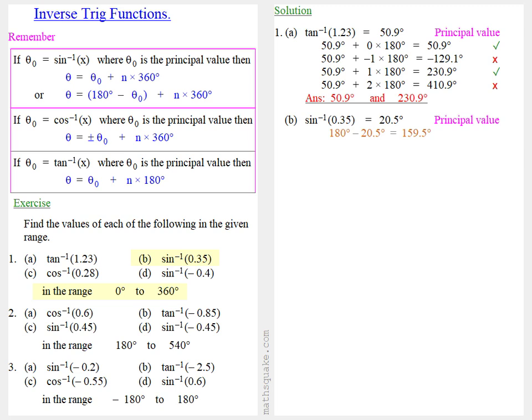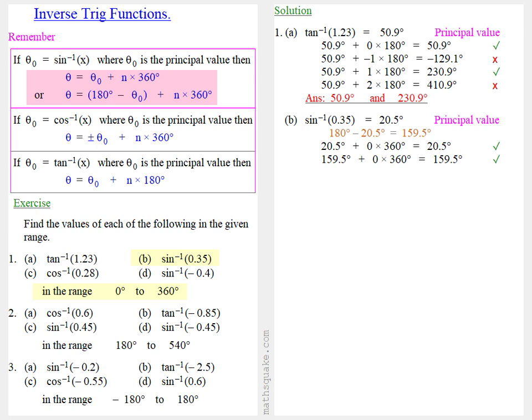Now we need also to know 180 minus 20.5 degrees, which is 159.5 degrees. And then the general solution is 20.5 degrees plus n times 360 degrees, or 159.5 degrees plus n times 360 degrees. So if n is 0, we get two solutions, 20.5 degrees and 159.5 degrees, and both of those lie within the appropriate range.